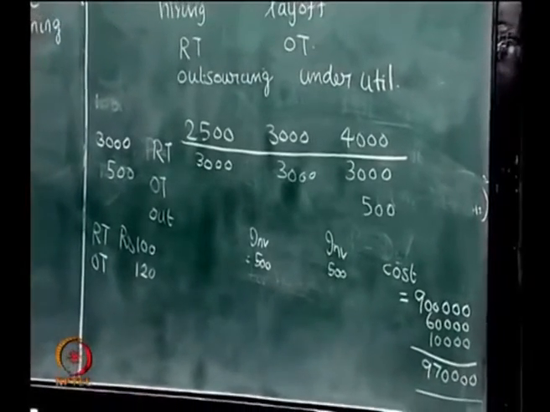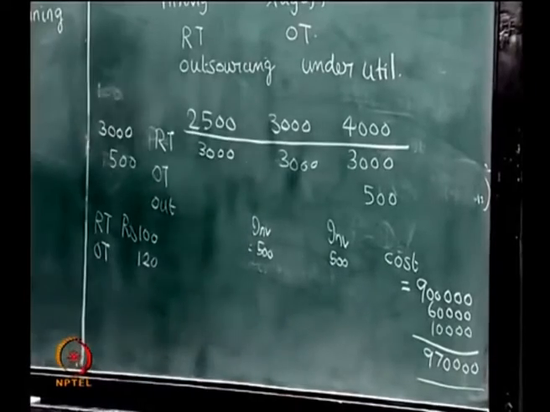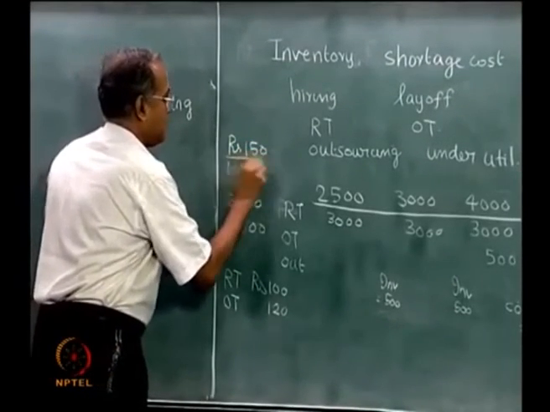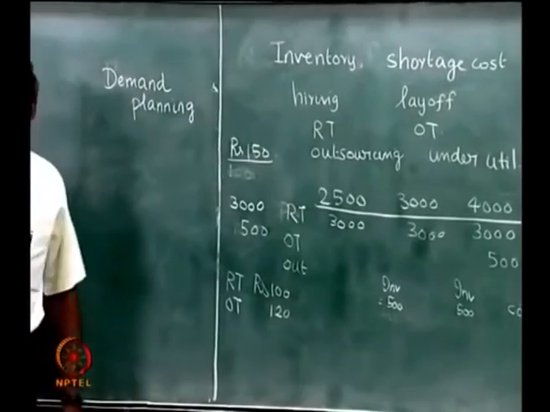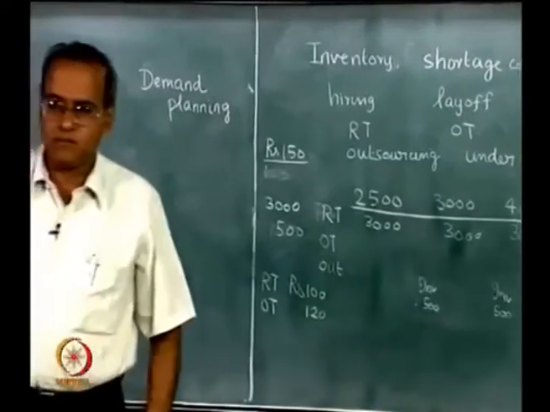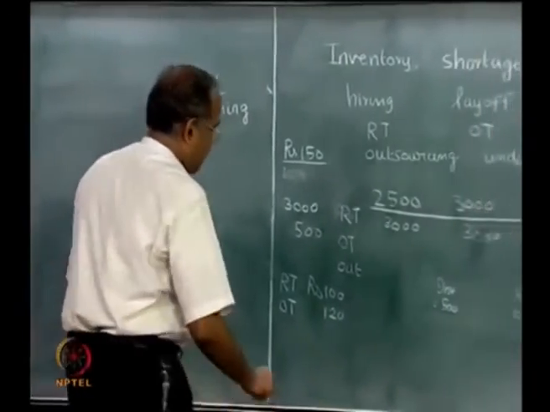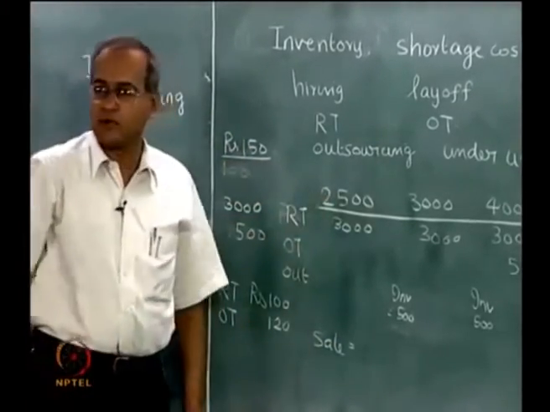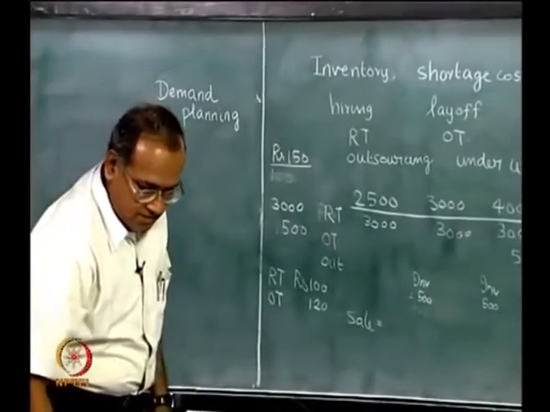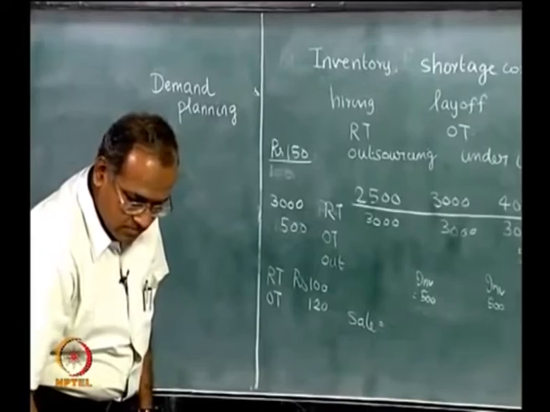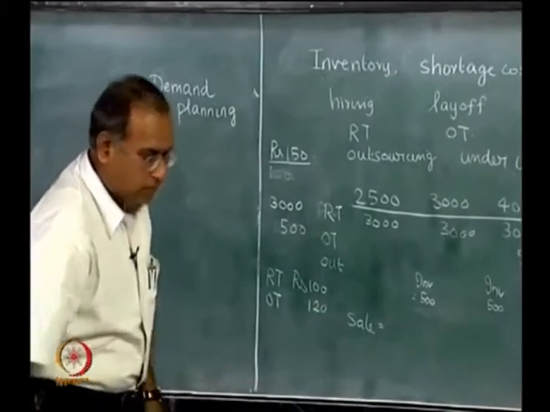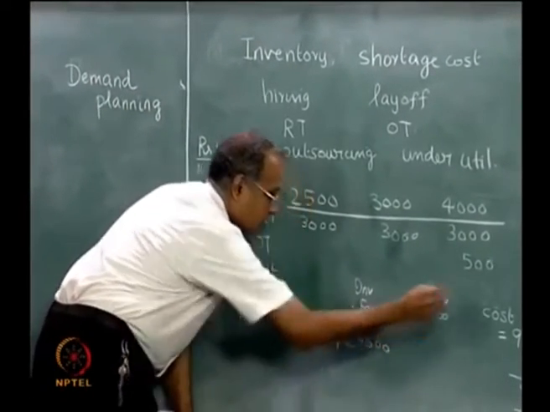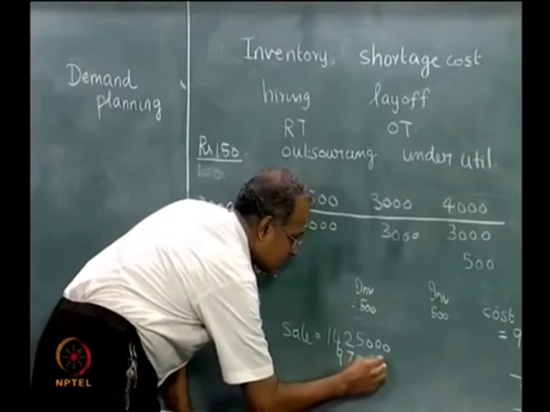Now, if the unit price is 150 rupees, then the total money or profit or sale will be 150 into 9,500, which would give us 1,425,000, and the expenditure is 970,000.